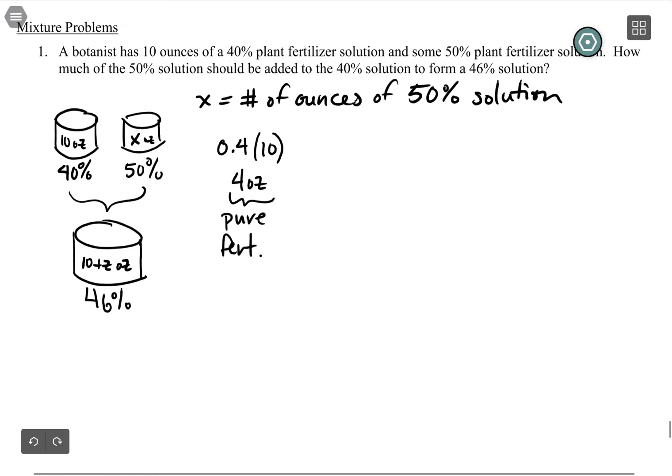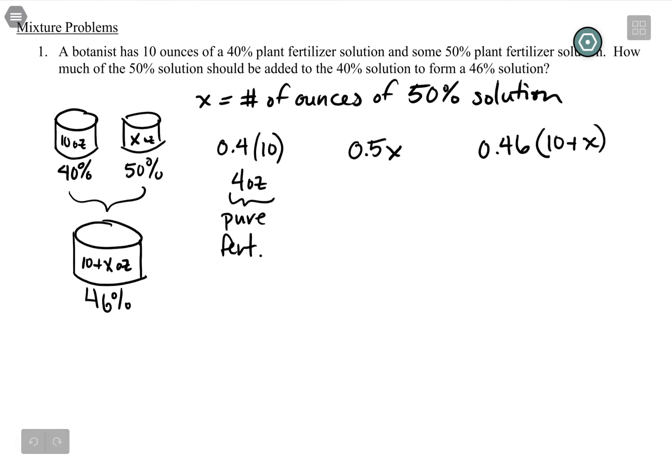From the 50% solution, we get 0.5x ounces of pure fertilizer from that solution. And we know that we want to end up with 46%, and it would be 46% of the 10 plus x ounces.